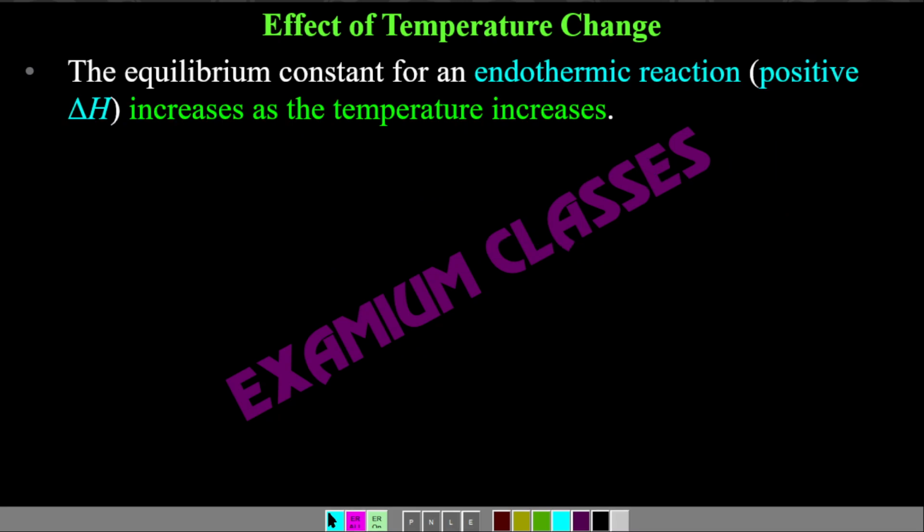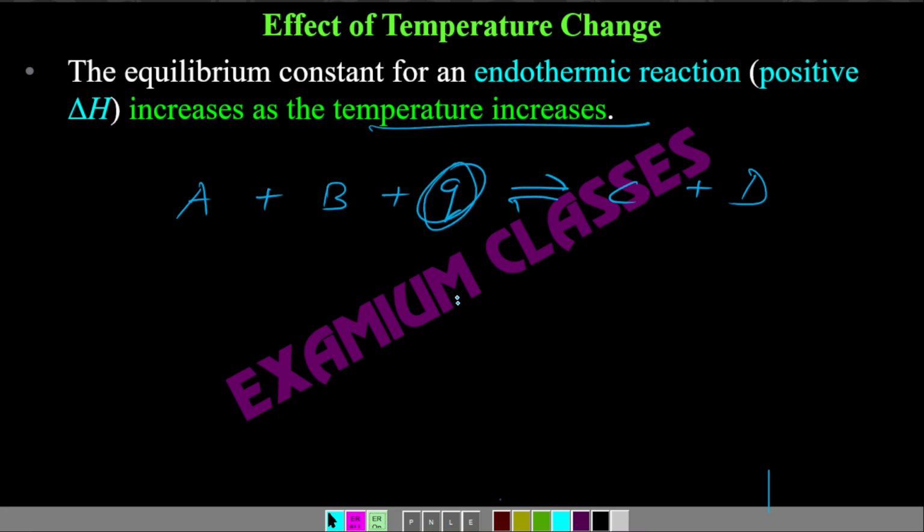The opposite will be the case for an endothermic reaction. In an endothermic reaction, heat is absorbed, so heat is on the reactant side. Now if you increase the temperature, you are increasing Q here, and the system will try to decrease it by going in the forward direction, meaning the equilibrium constant will increase, and product concentration will increase permanently.